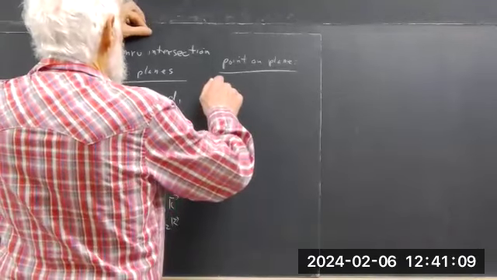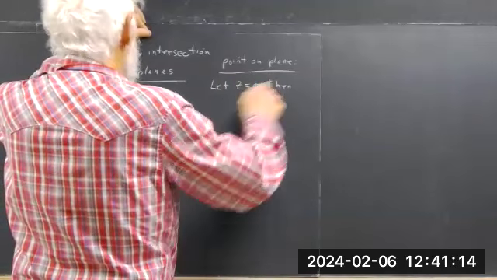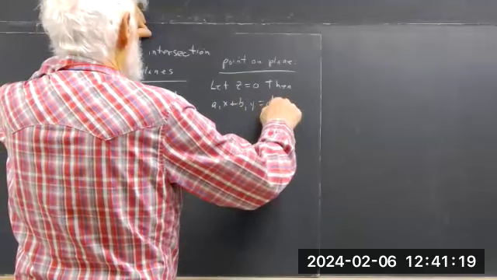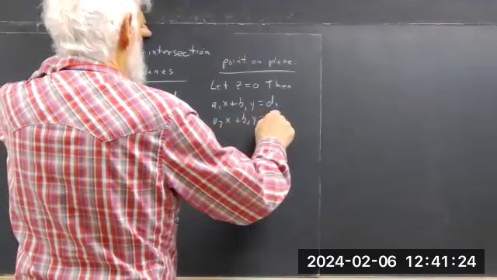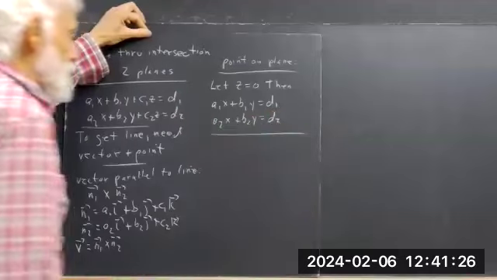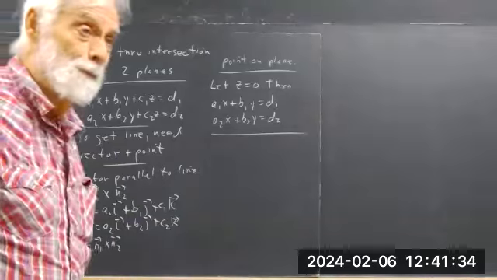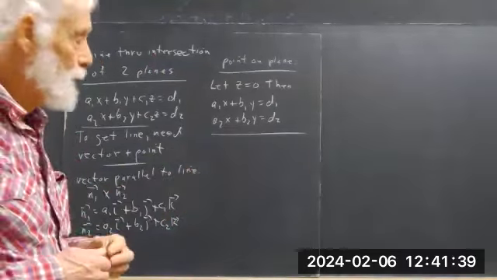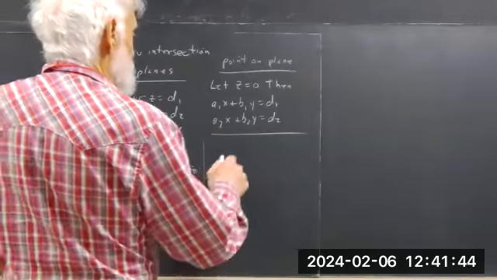So you get this, right? Well, what the heck, we let Y equal 0, again unless something is perpendicular to the wrong thing. But if it doesn't work, we try something else.